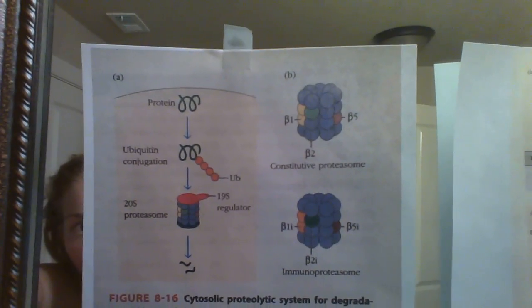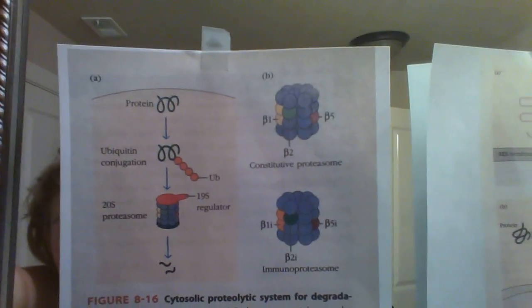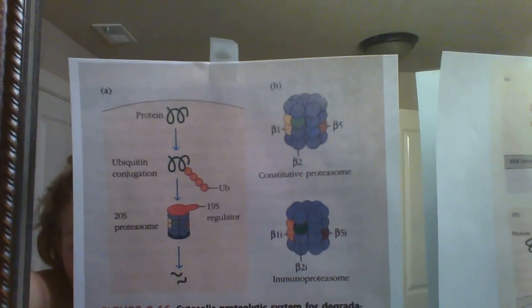Over here, you can see that beta 1, beta 2, and beta 5 of the constitutive proteasome are replaced by proteins far more specific to the immunoproteasome, and these proteins are encoded by the LMP genes. What's important to point out is that this immunoproteasome has increased proteolytic efficiency for peptides that will be recognized by class 1 MHC molecules.